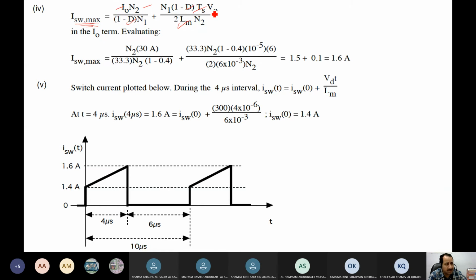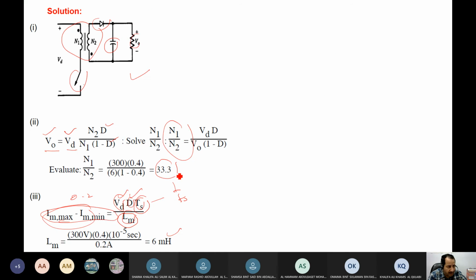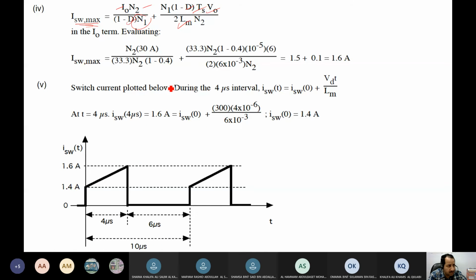TS, I have the frequency. Output voltage is given in the question. So I just need to substitute. By the way, N2 over N1, okay, N2 over N1. So N1 can be, just to simplify, 3.323 by N2. So just to substitute, to simplify, so we can cancel them. We did the math, we calculate them, and the final current was 1.6. This is the maximum current.